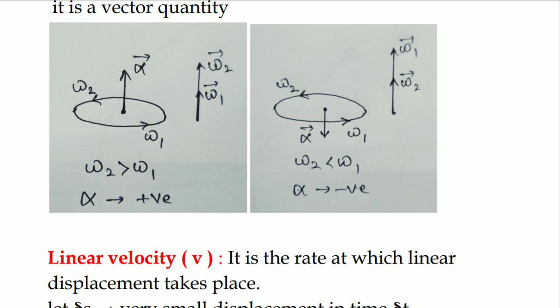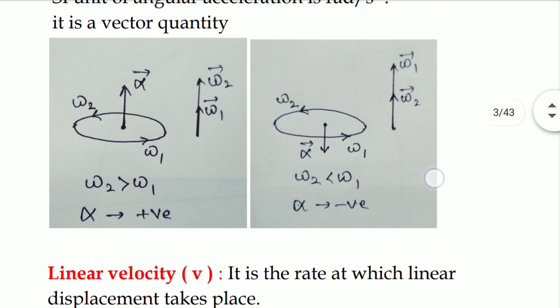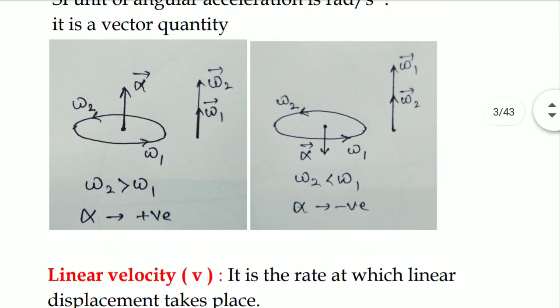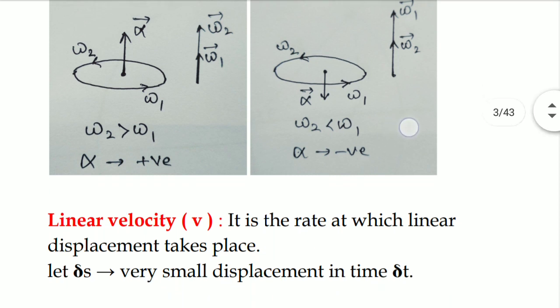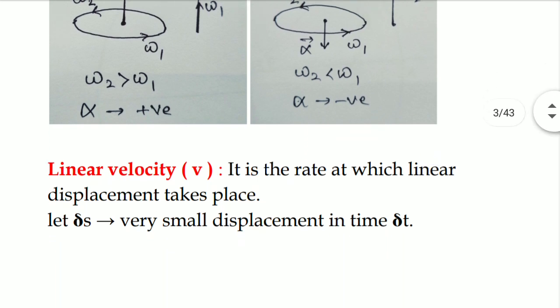Whereas if at all omega 1 is greater than omega 2, that is, as the particle keeps performing circular motion, the final angular velocity becomes less than the initial angular velocity, then in that case the direction of alpha is opposing that angular velocity, so it's going to be in the downward direction opposing that omega value. So that's a very important thing we all have to note.